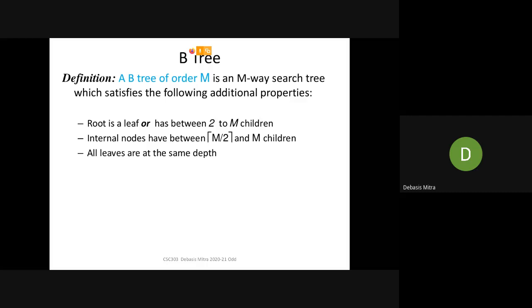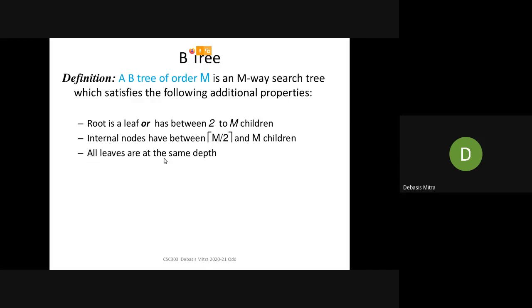Understood? In that case, it is obviously a very restrictive thing, but at the same time, you are ensuring that for a binary tree, it will always attain the log n bound. Similarly, for this M-ary search tree or this B tree, this property is a very restrictive constraint.